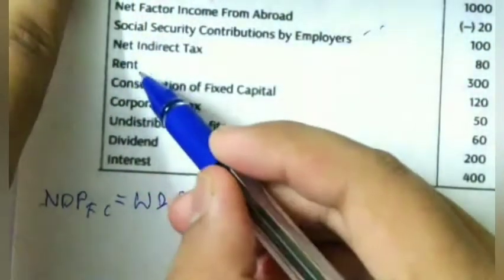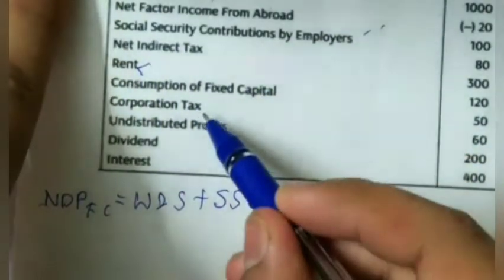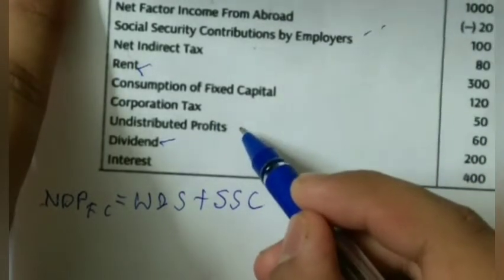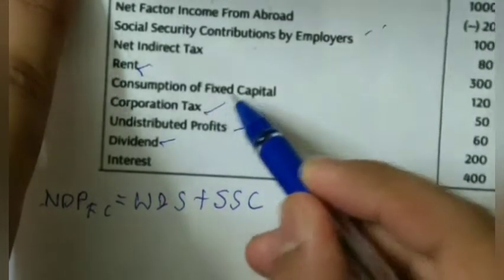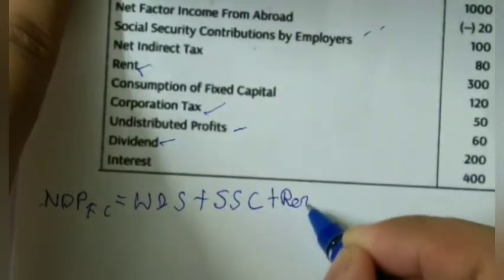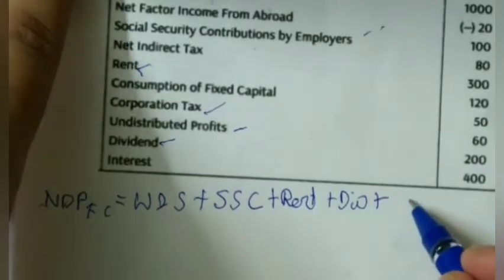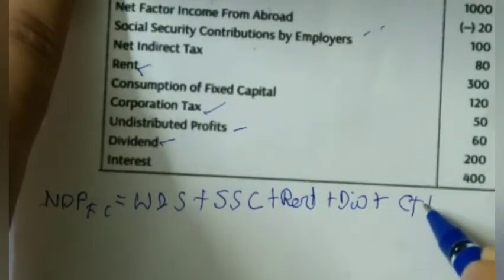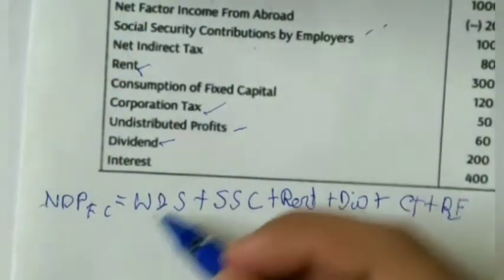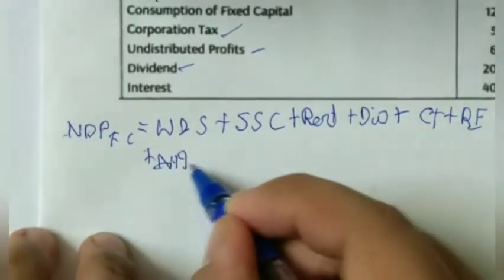In OS we have rent, and profit has three parts: either it can be distributed as dividend, or it can be undistributed profit or corporation tax. So plus rent plus dividend plus corporation tax plus retained earnings or undistributed profit plus interest.